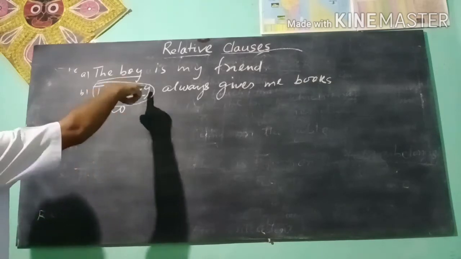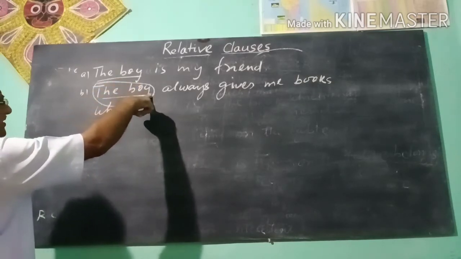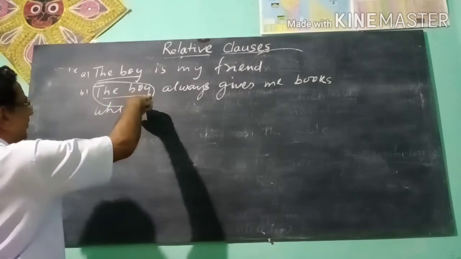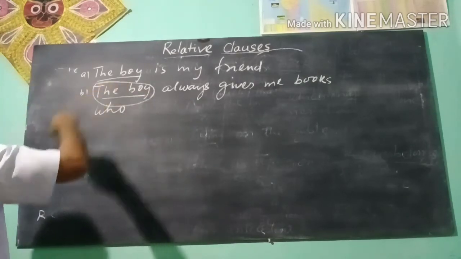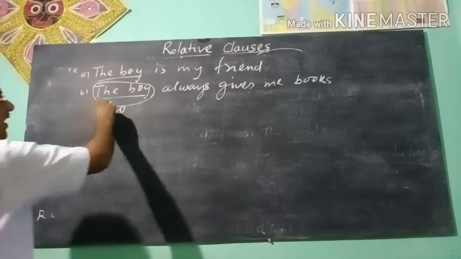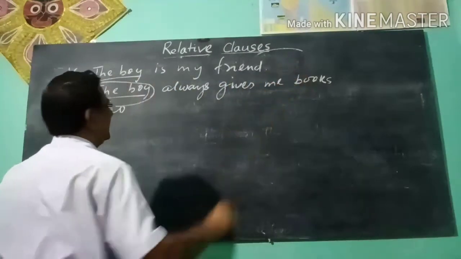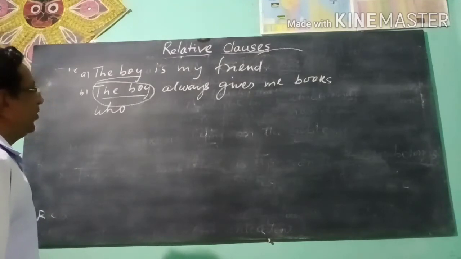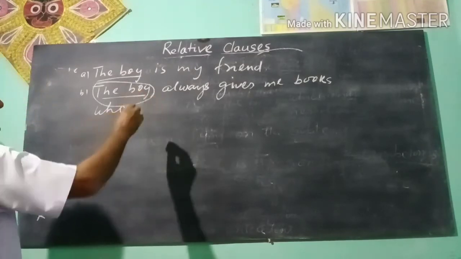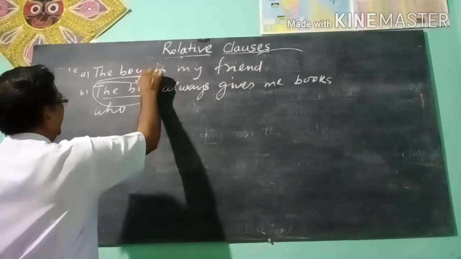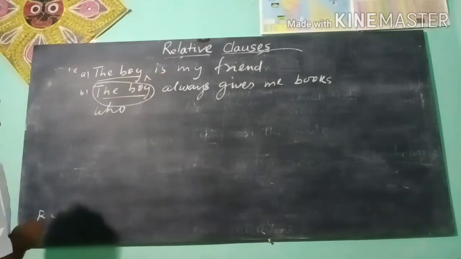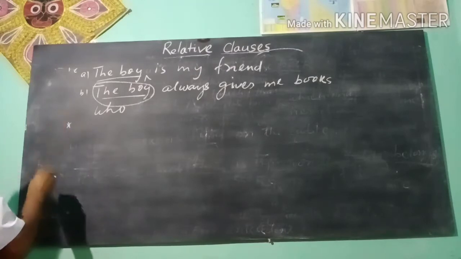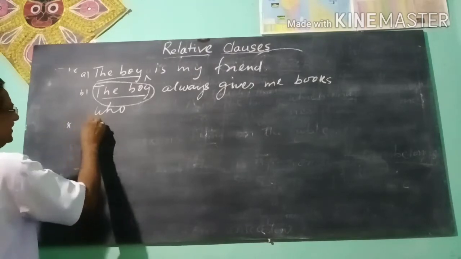The boy is at the beginning of the sentence, so we place who in place of the boy. Who always gives me books is the relative clause. Now you put the relative clause after the antecedent the boy.